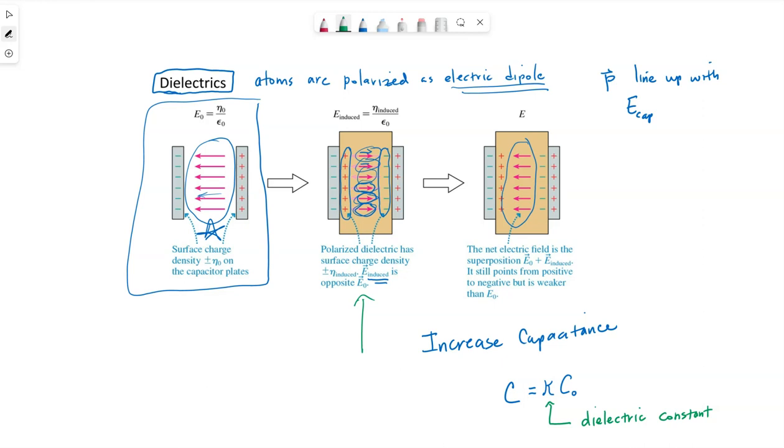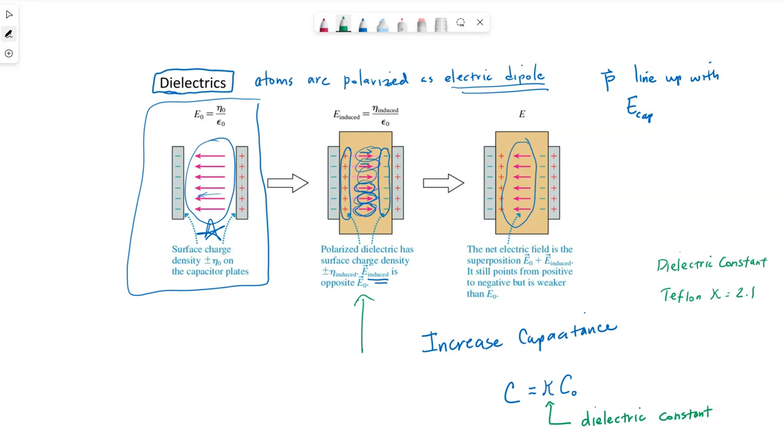Our book has some examples of dielectric constants. For example, Teflon. I'm just grabbing some materials that I'm seeing. 2.1 is the dielectric constant of Teflon. It does not have units, it's just a number.